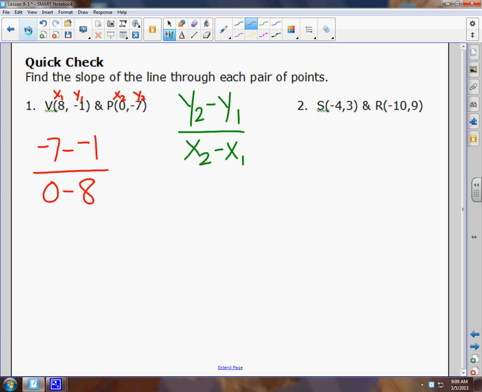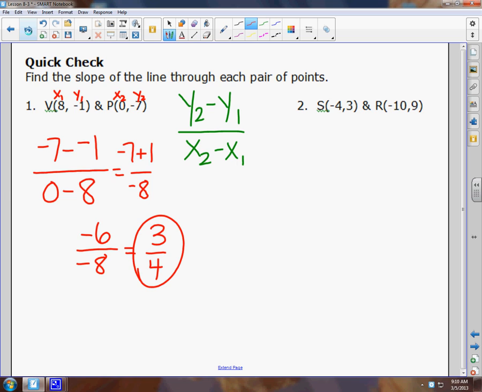So -7 plus 1, because that's minus a negative. So -7 plus 1 over -8. So the -7 plus 1 is -6 over -8, which the two negatives cancel out, and then I'm going to reduce and make it, my slope is 3/4, a positive 3/4.